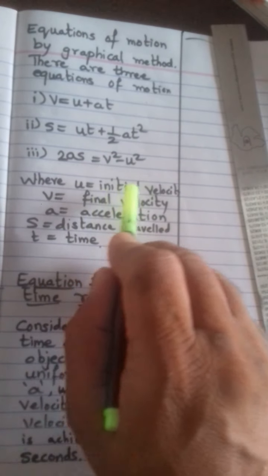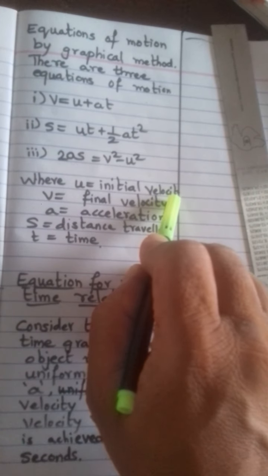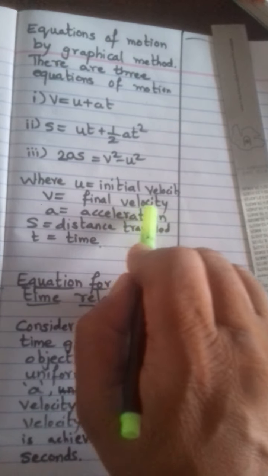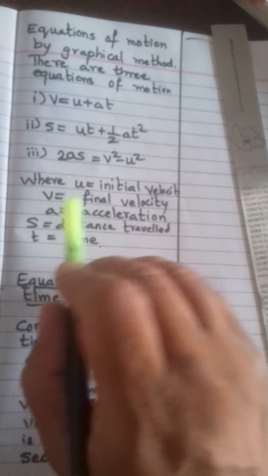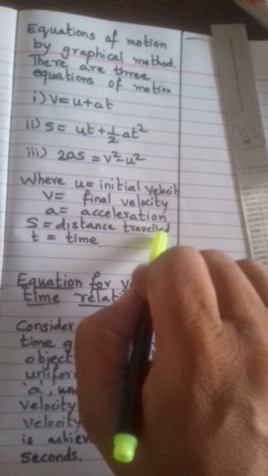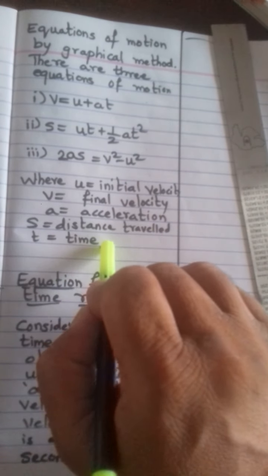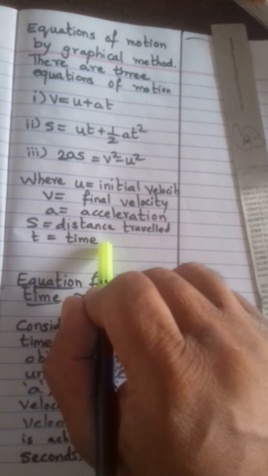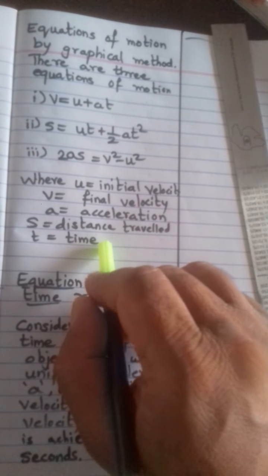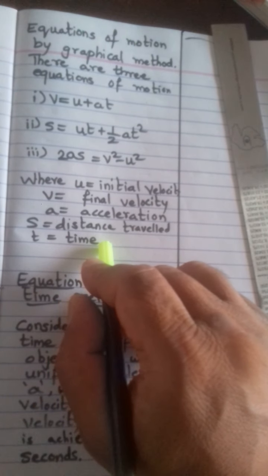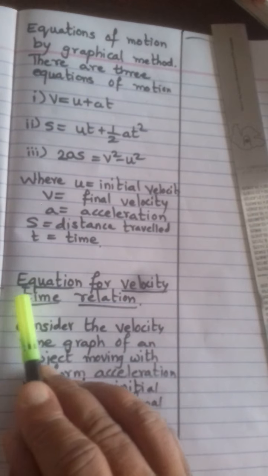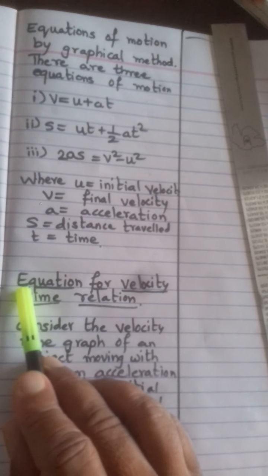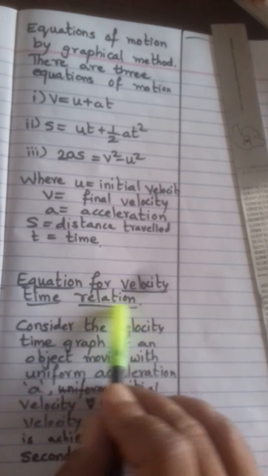Where u is initial velocity, that is starting velocity, v is final velocity or terminal velocity, a is the acceleration, s is the distance traveled, and t is the time. Okay. So these equations of motion we have to get from the graphical method, that is the velocity time graphs. Now we will see the next heading, equation for velocity time relation.